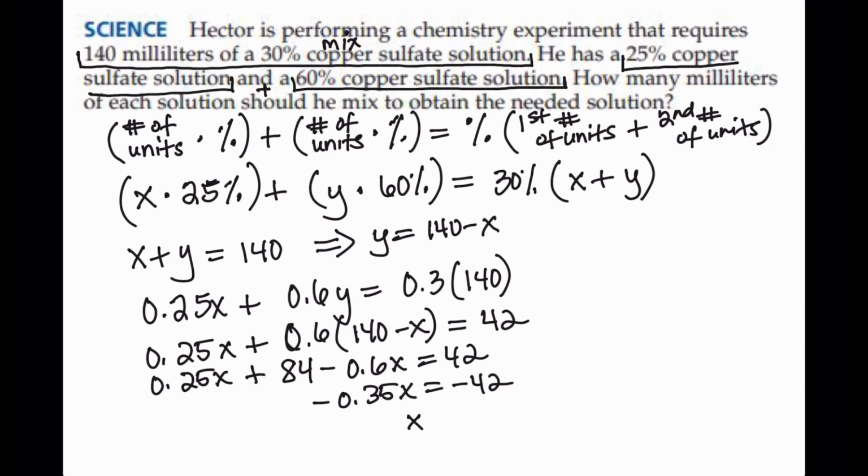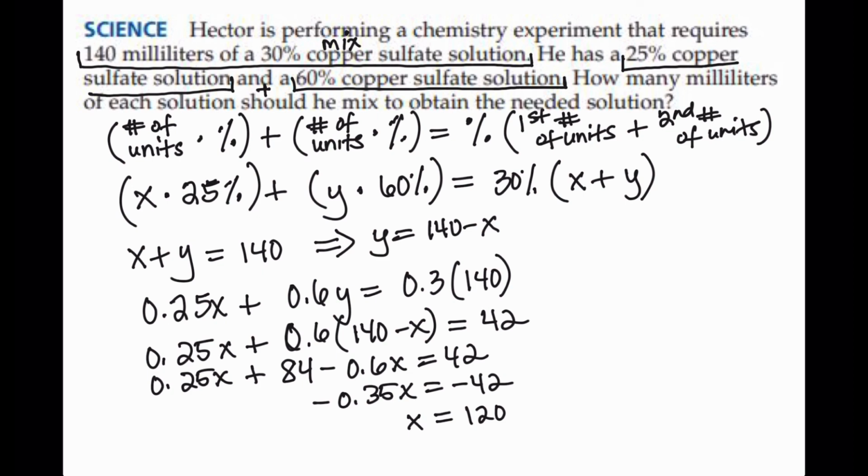Now, once you divide by 0.35 on both sides of your equation, negative 42 divided by negative 0.35 gets you 120.